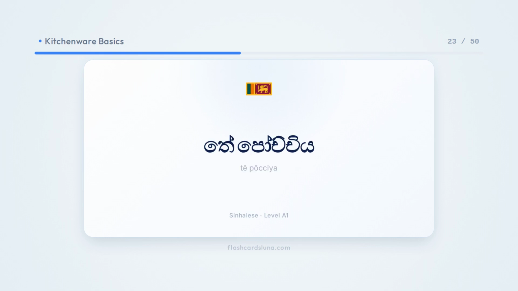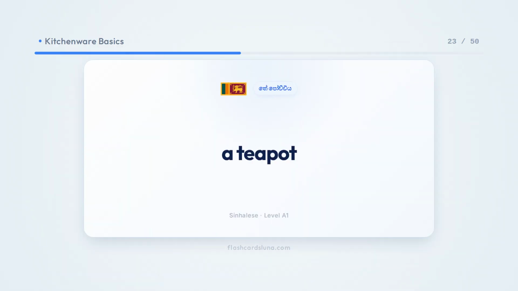Teapotchia, a teapot. Jangika, a pitcher. Tutti, a tray.